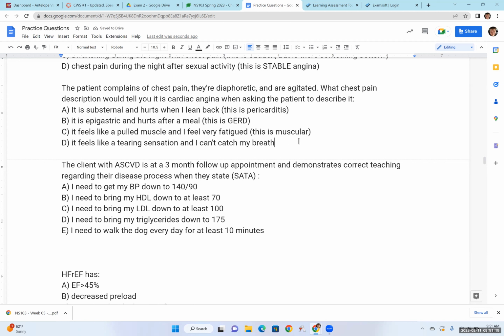I can't catch my breath. Aneurysmal, right? So this would be which one? Well, I guess that's why I said cardiac in nature, but I'd have to rearrange this. Let's reword this one. All right. So what would be a right answer to make it cardiac chest pain? Pressure. That's too obvious. It is.